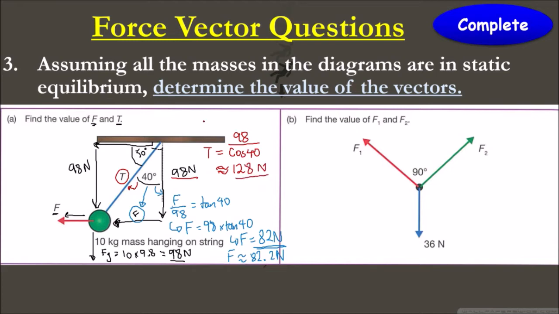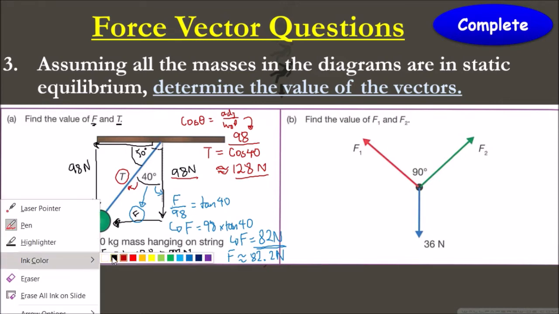I derive this formula by rearranging cos theta: the adjacent side is on top and the hypotenuse is at the bottom, so it's just rearranged into this at the end here. So that's how you do the first one.